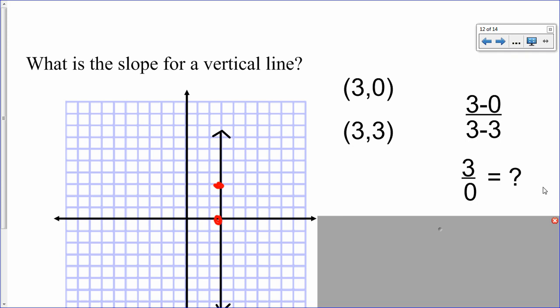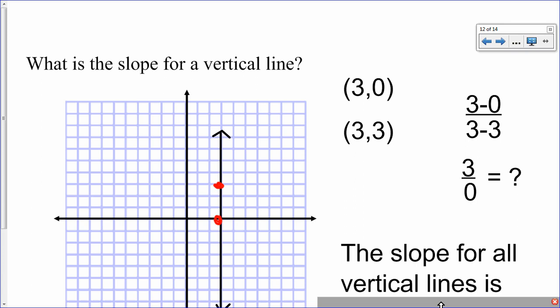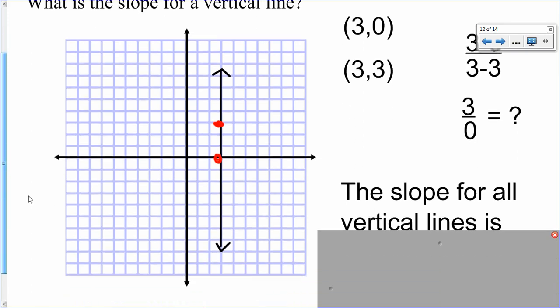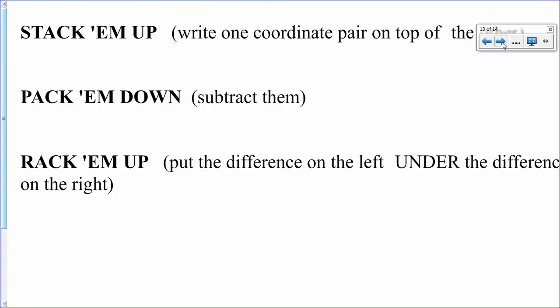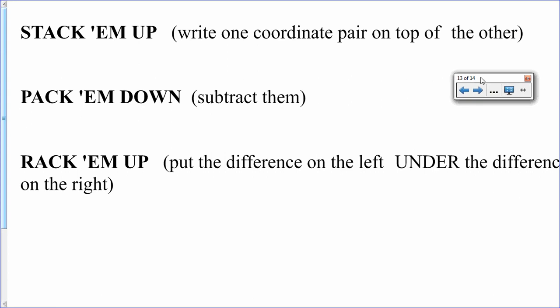Here we end up with 3 over 0, which is what? Please don't say 0, because it is not equal to 0. Remember, we are not allowed to have a 0 in the denominator. Therefore, the slope for all vertical lines is always said to be undefined. And that's what you write. If you're asked for the slope of a vertical line, you write out the word undefined.